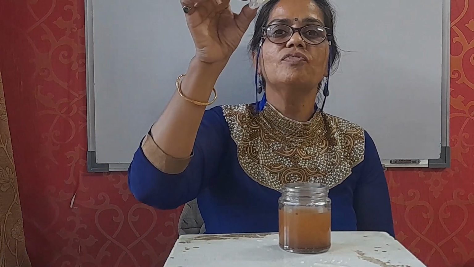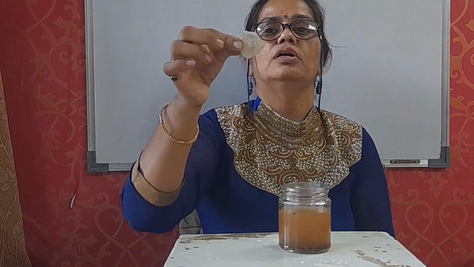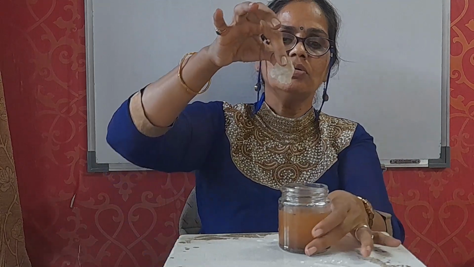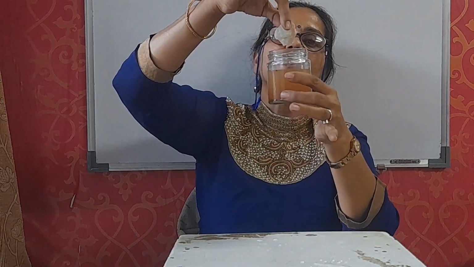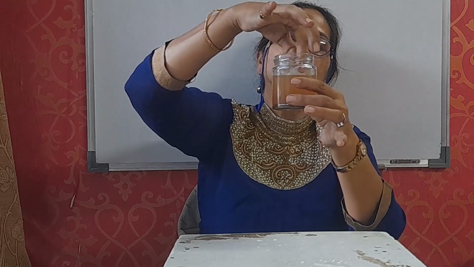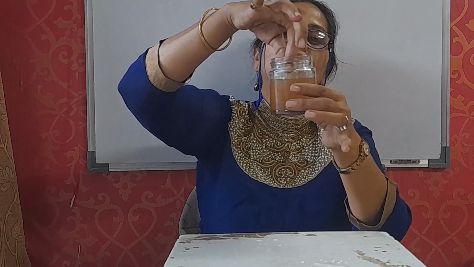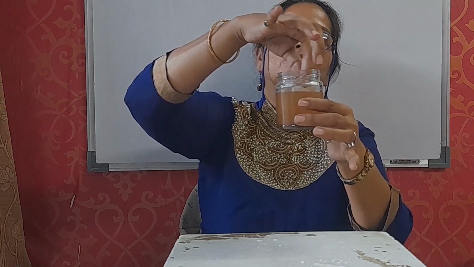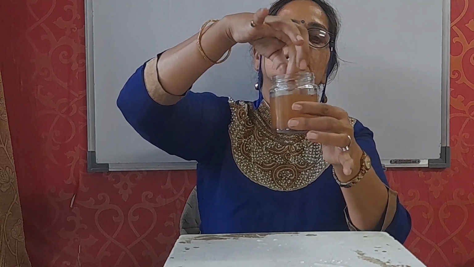Children, this is called alum. This also we use to purify water. This alum we call fatki. So you can use this also. What you have to do is take this alum and move it around in the water this way for 2-3 minutes.